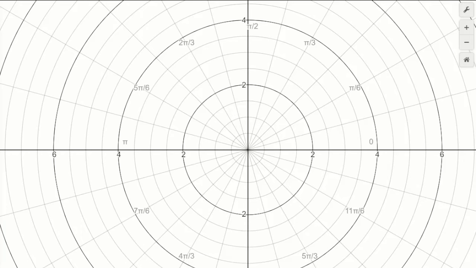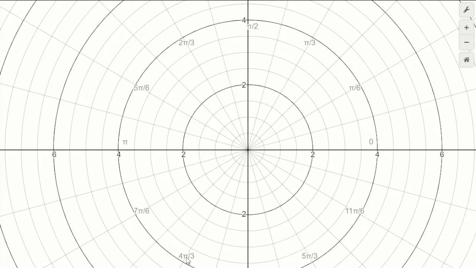In the closer view right here, 4 pi over 3 is this angle, down here.